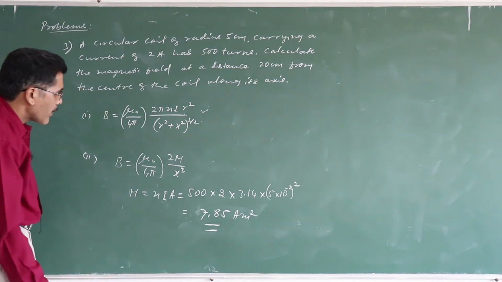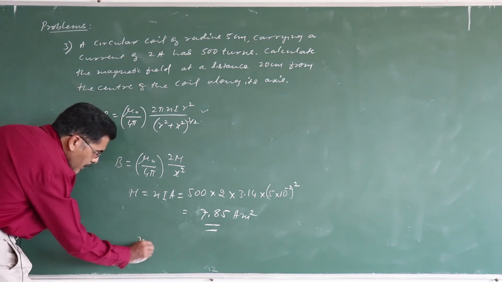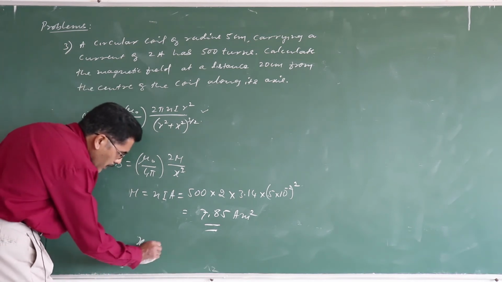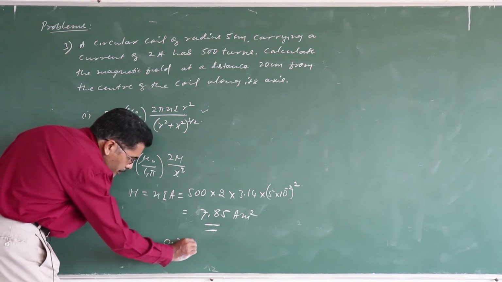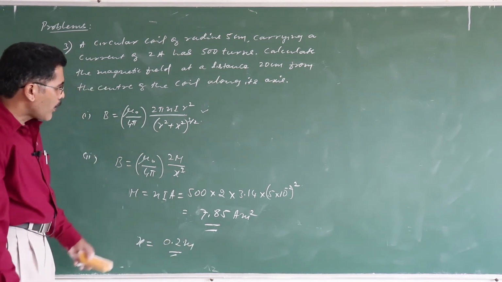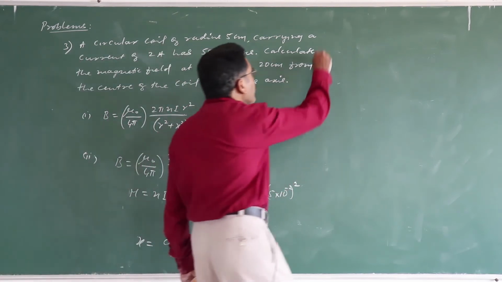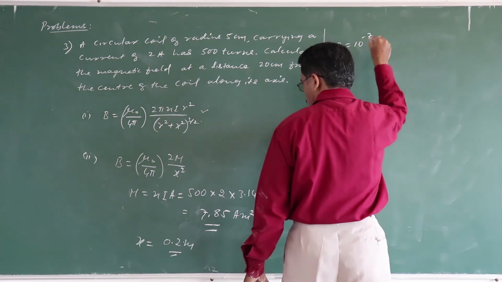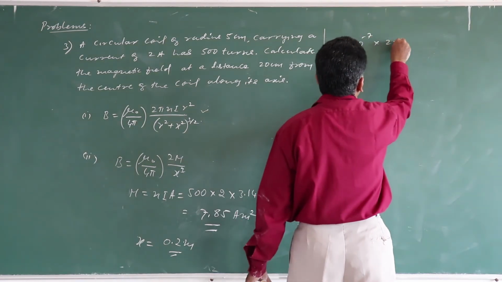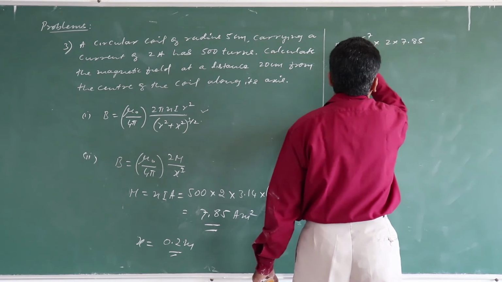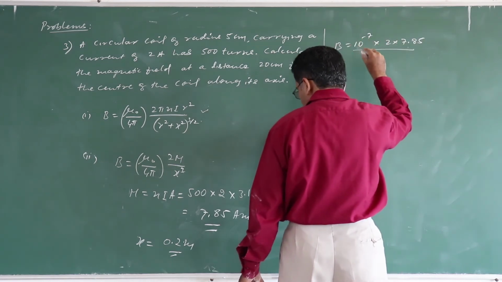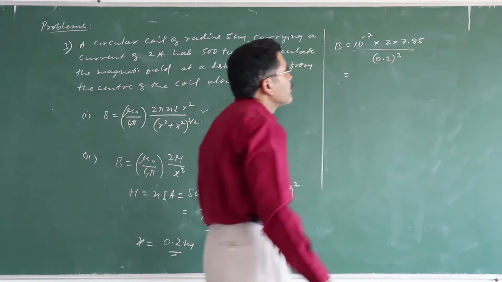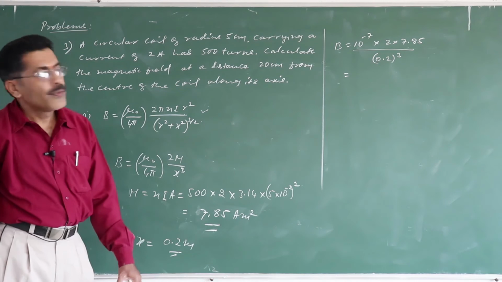7.85 ampere meter square. And here what is x? X is given by how much? X is at a distance 20 centimeter, 0.2 meter. You please substitute all these values and calculate. B is equal to 10 raised to minus 7, 2 into 7.85 divided by 0.2 whole cube.